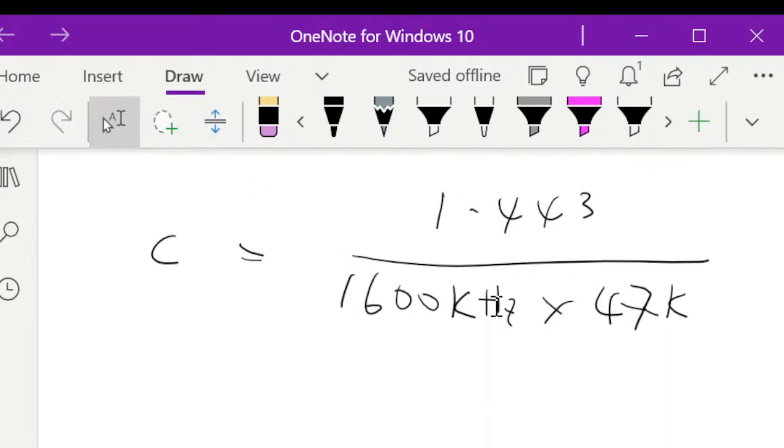And once you punch this out, you will get a value. So let's get that value.